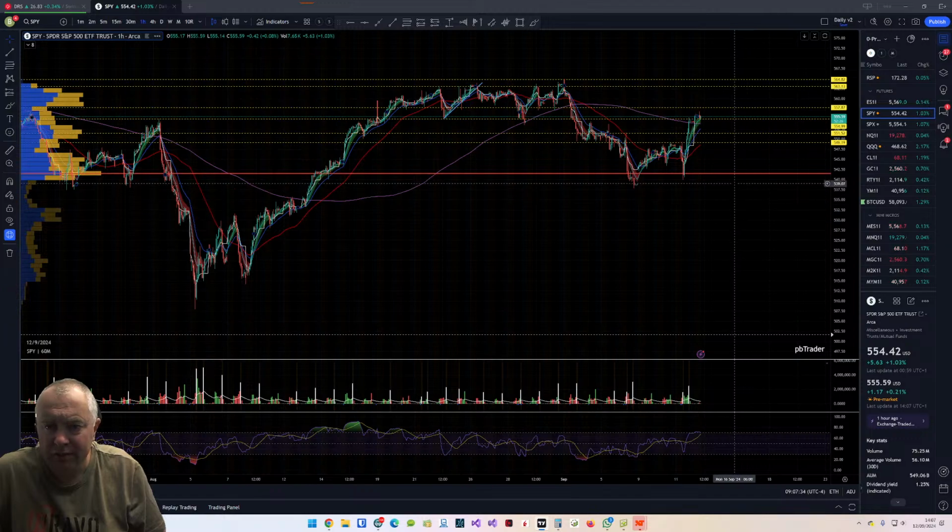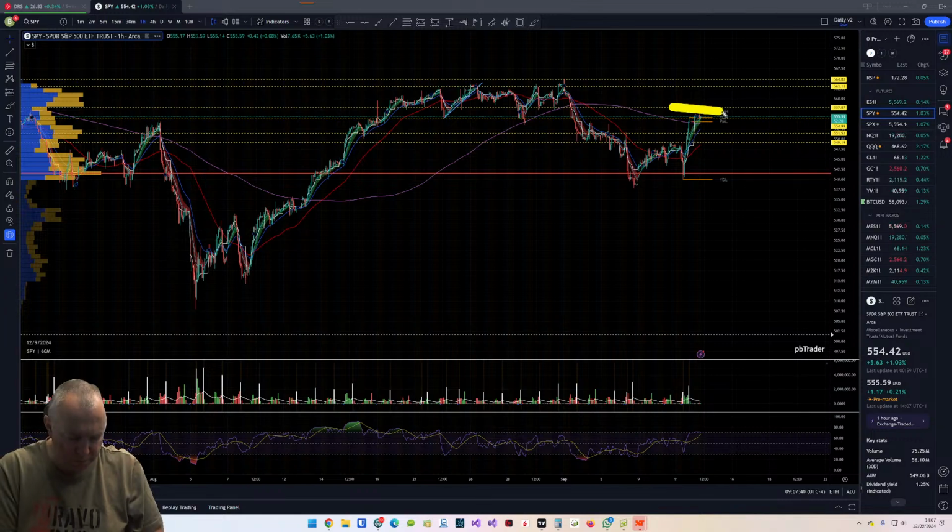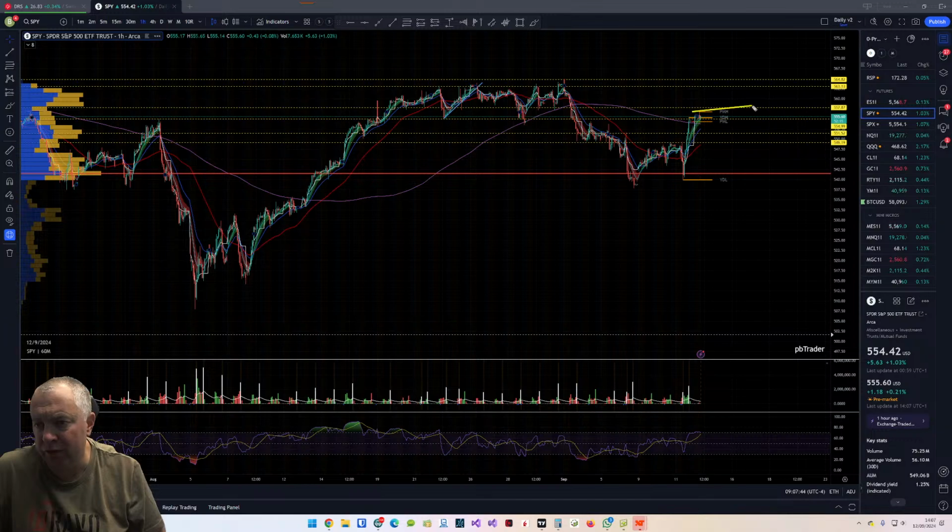SPY next, same as ES. I quite like the rejection at the 557, 558 area. Big area of confluence you can see there. Big volume shelf as well, so I quite like this area. So maybe if we break the trend, come back up, retest, I quite like the rejection.